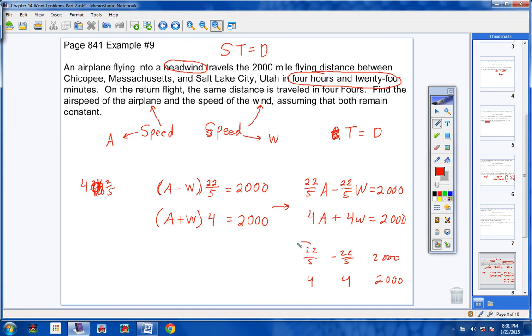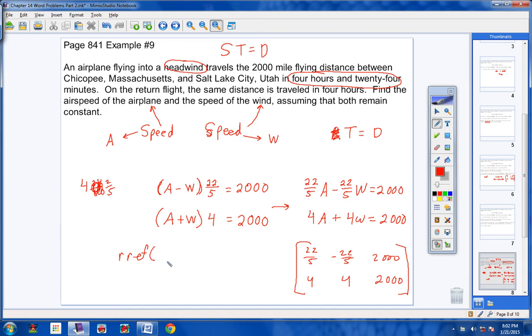After you've entered this into your calculator as a matrix, it's so easy to solve. Listen, guys, hit second, quit, and come out of your matrices. Then hit second matrix, scroll over to math, then scroll all the way down till you get to RREF. Hit enter on that, and this will pop up on your screen.